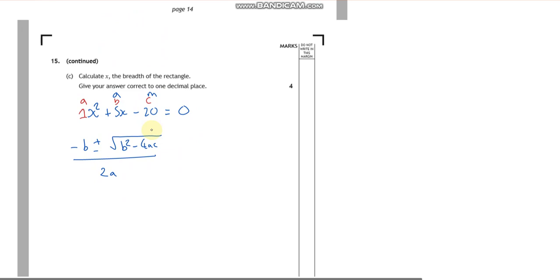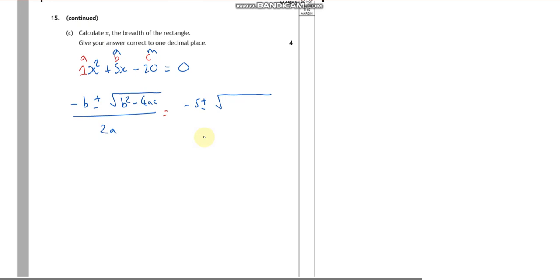So now I'm just ready to substitute in. I'm going to say I've got negative 5 plus or minus the square root. And actually at this point, I tend to do the discriminant just off to one side. So I say, b squared minus 4ac, and that's equal to 5 squared, take away 4 times 1 times negative 20. The 25, take away, that's going to be negative 80.